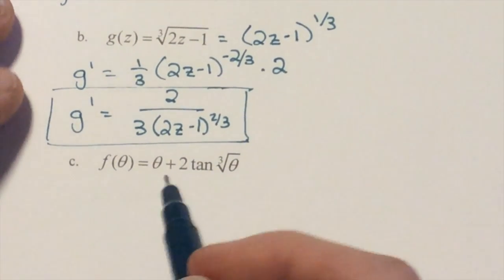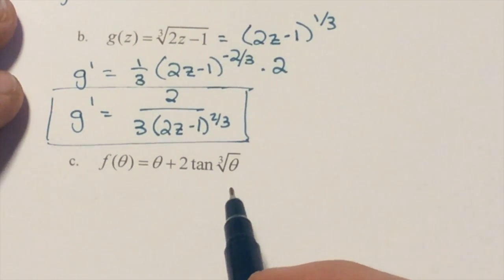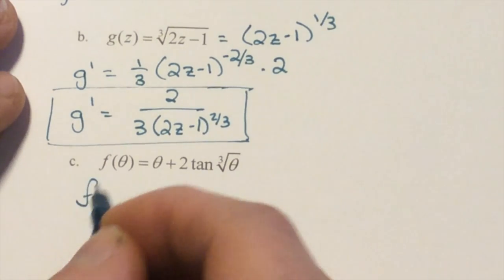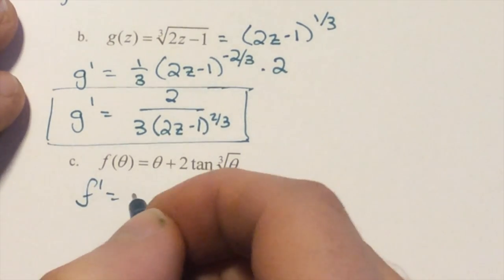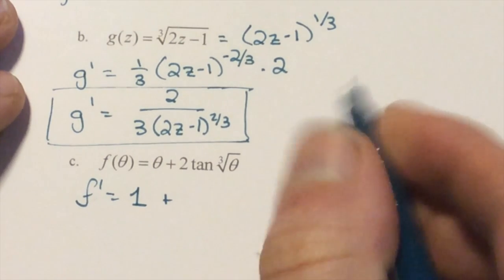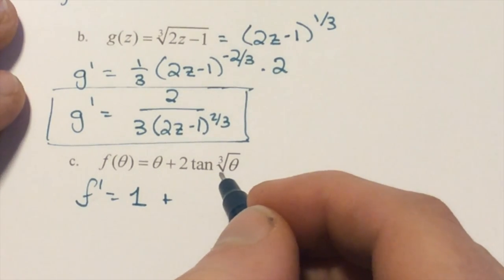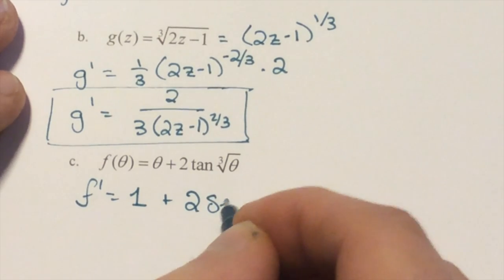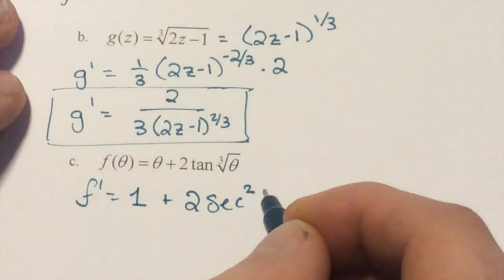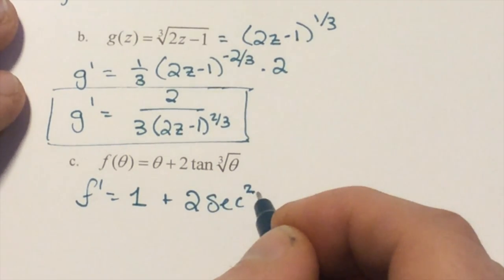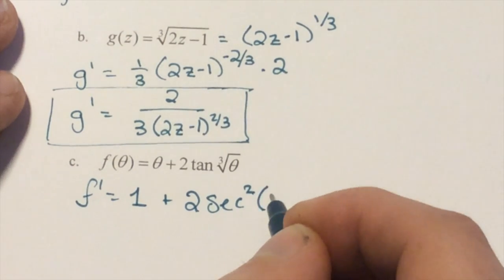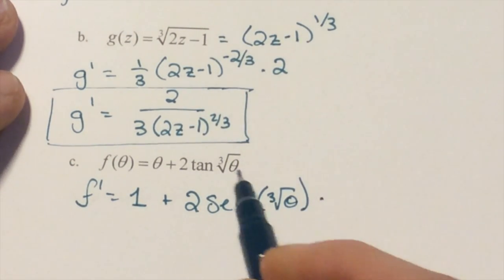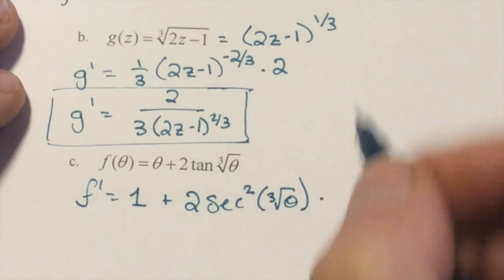Next up, the derivative for c, we have f prime equals the derivative of theta is 1 plus the derivative of tangent is secant squared. So I have 2 secant squared of what's on the inside, that's the cube root of theta, times the derivative of the cube root of theta.